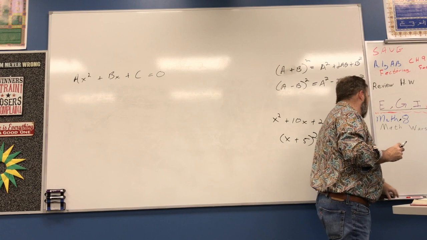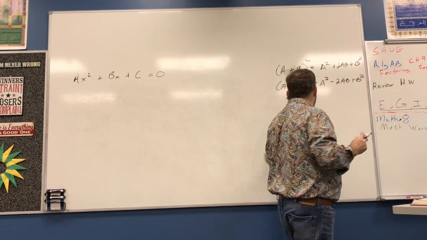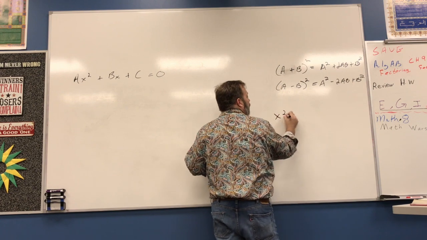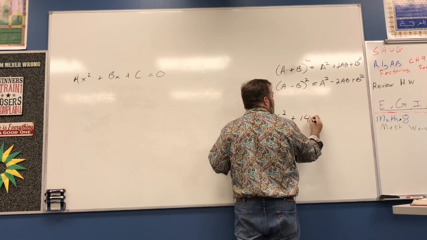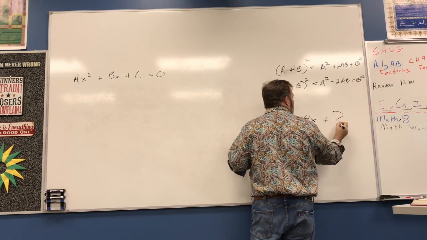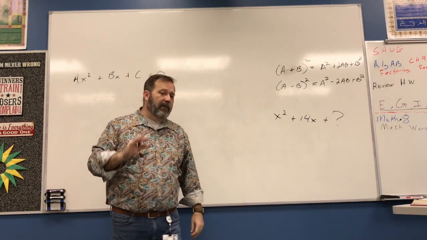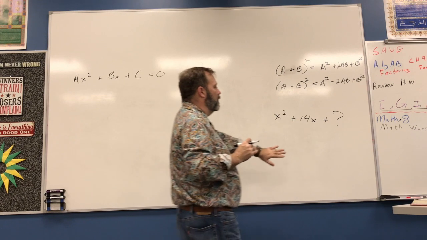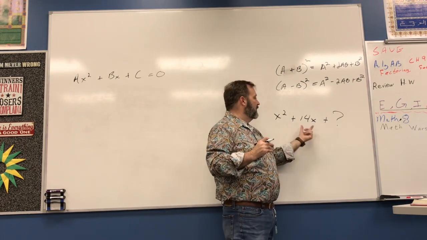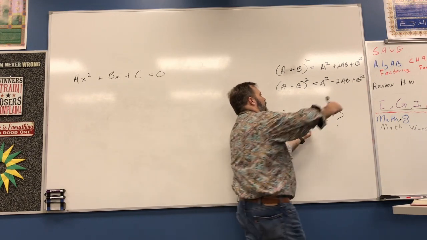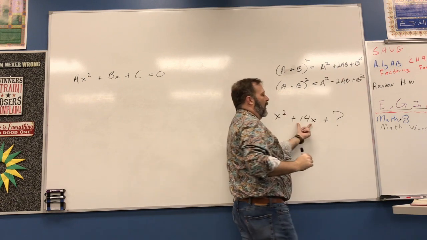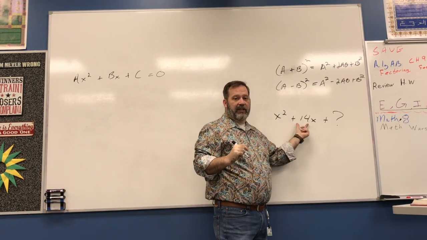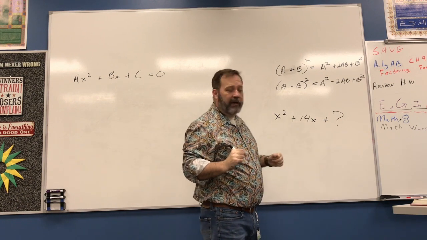So let's take a look at an idea of what I mean by working it backwards. Let's say that I had this, x squared plus 14x plus on and on. If this was a perfect square trinomial, I could find this missing piece by taking this chunk, dividing by 2, and squaring the leftover. 14 divided by 2 is 7, and 7 squared is 49.